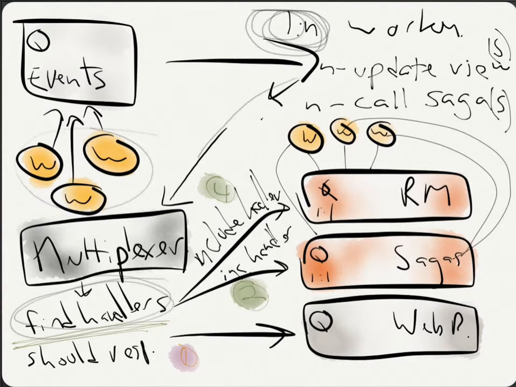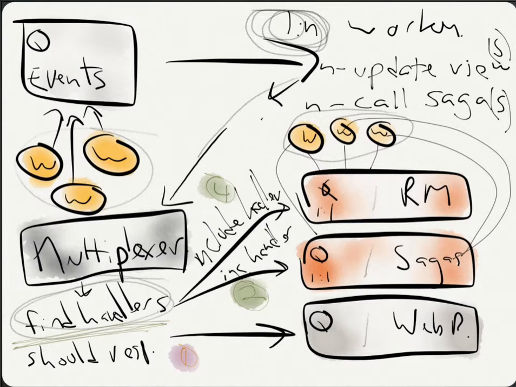It's going to send a new message that includes the original message and the handler to possibly here or here, or it might include a response here. Then we have a pool of workers who will be able to invoke the handler from one of those two queues. That's it in a nutshell.